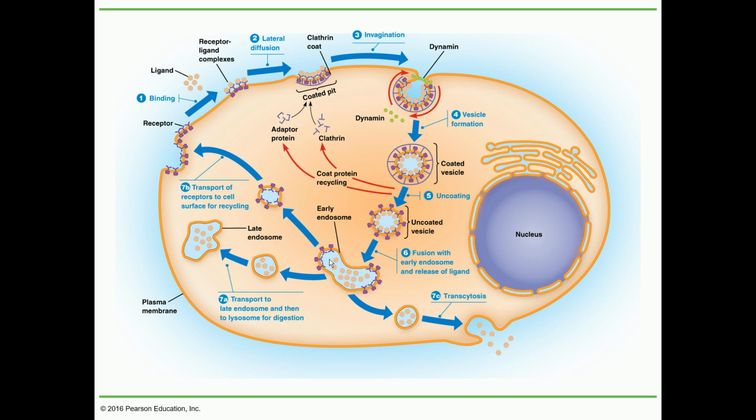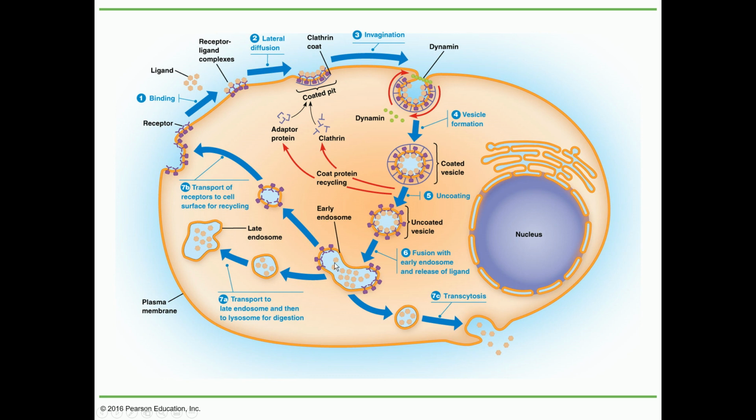and once the early endosome becomes a late endosome, in the development of these endosomes the pH becomes very low. When the pH becomes low, the ligands and receptors dissociate, and the receptors go back to the membrane again.